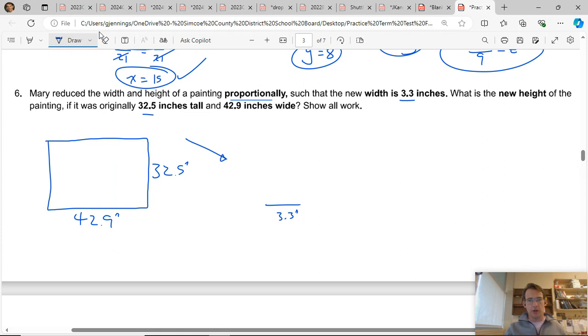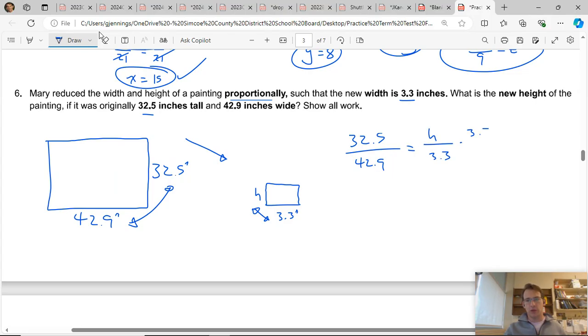Okay, and we want to know the height h. Okay, so figure out this ratio, and it should be the same as this ratio. Okay, so 32.5 over 42.9 is equal to h over 3.3.